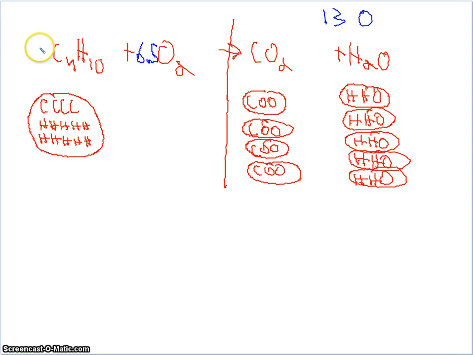Now that's not possible. You can't have half a molecule of oxygen. So what I'm going to do is take the coefficients that I currently have and multiply them all by 2 so that this becomes a whole number. Right? So if I multiply these all by 2, well, what do I get? I get 2 butanes, I get 13 oxygens, I get 8 carbon dioxides, and I get 10 H2Os.